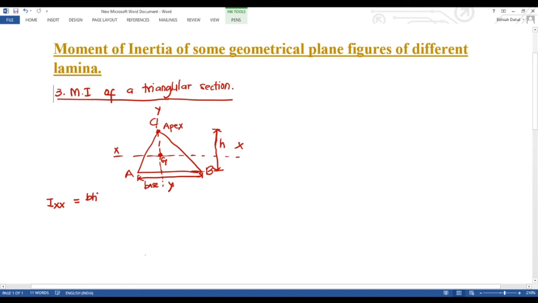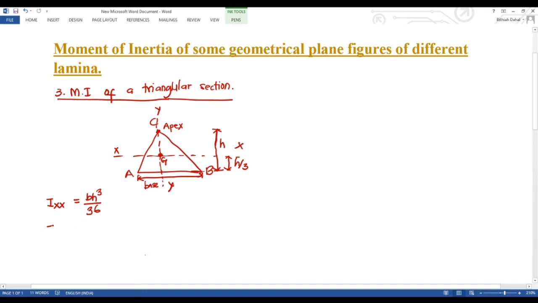And if we want to find where the centroid is exactly lying, the centroid of this triangular section lies at the height of h by 3 from the base.